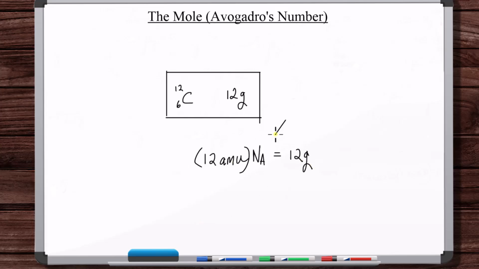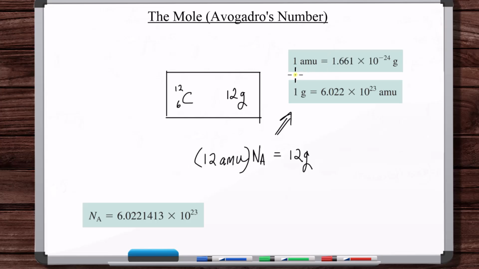So from just this equation, we can get a direct conversion factor from AMU to grams. We have Avogadro's number, just plug that in here. So 12 times Avogadro's number, that many AMU is equal to this many grams. And so there you go. You have 1 AMU is equal to this many grams, or you could divide both sides by this and get 1 gram is equal to this many AMU.